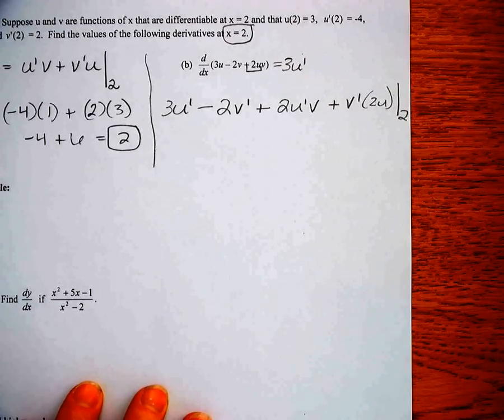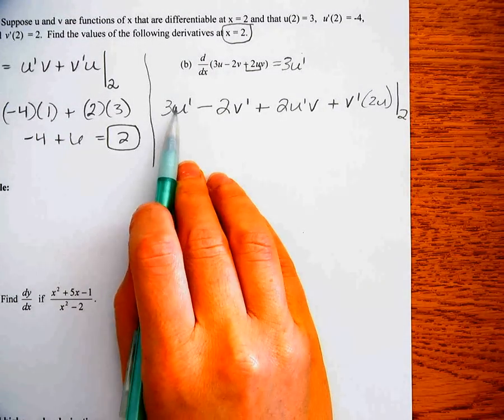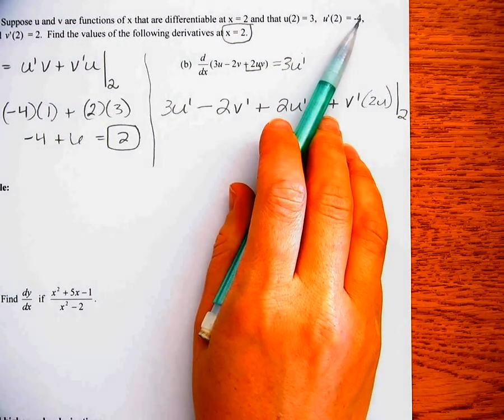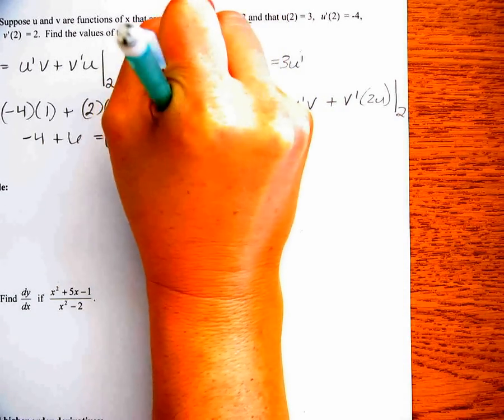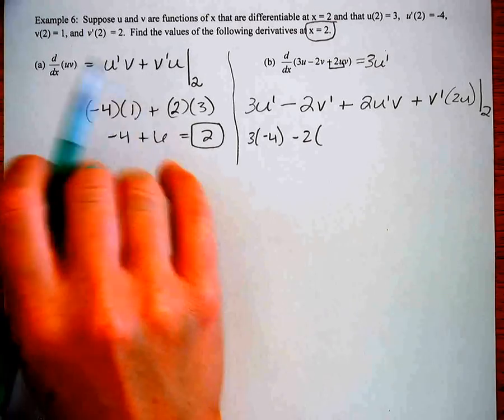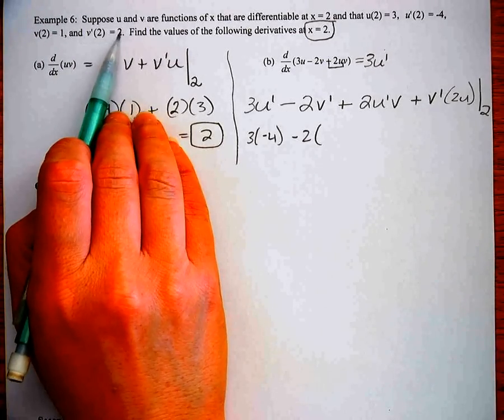when x is 2. So again, the derivative of u, or u prime at 2, is negative 4. So I have 3 times negative 4. Minus 2 times the derivative of v at 2, which is 2.